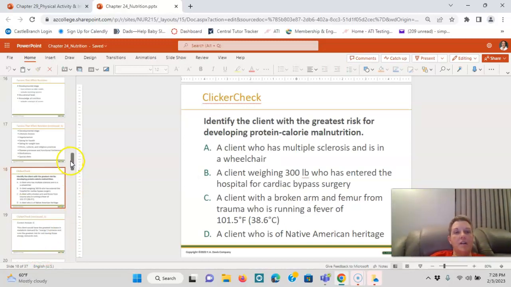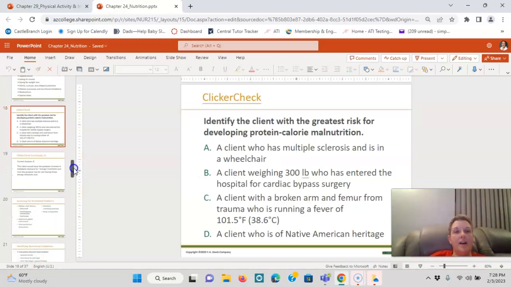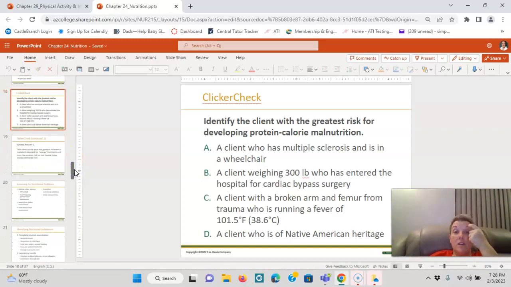Another clicker check. Identify the patient with greatest risk of developing protein-calorie malnutrition. Okay, so let's talk about greatest risk. A: A client who has multiple sclerosis and is in a wheelchair.